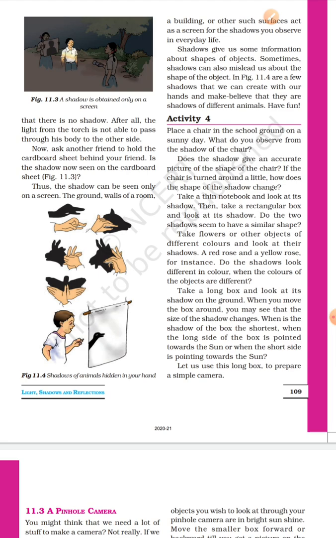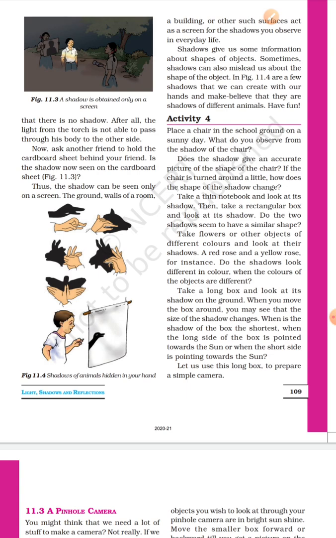If you are taking a yellow rose, what type of shadow can you get on a screen? Does the yellow rose give a yellow shadow and the red rose a red shadow, or does it always give a black shadow? These are very important observations.